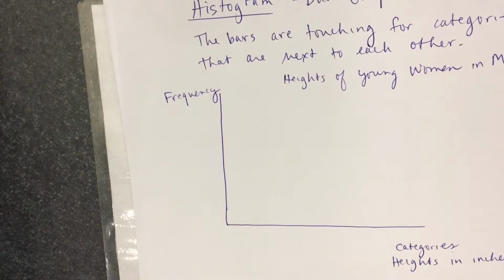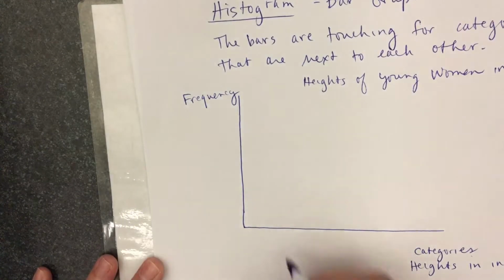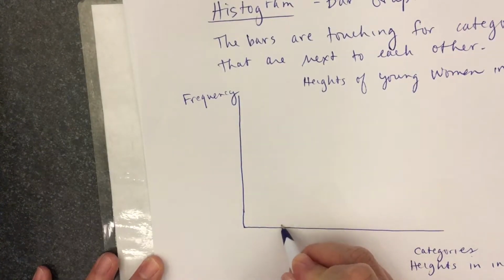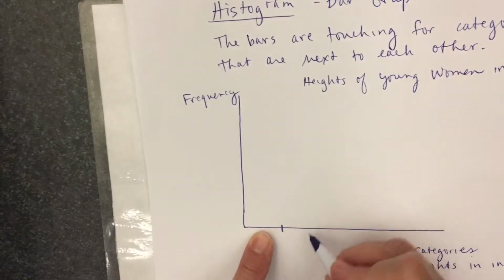Now, the bars are not supposed to be straight up against the vertical line. You're supposed to leave a little gap. I'm going to leave a gap this big. Maybe that's more than a little gap.